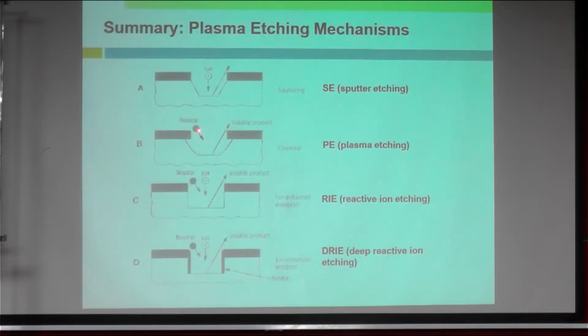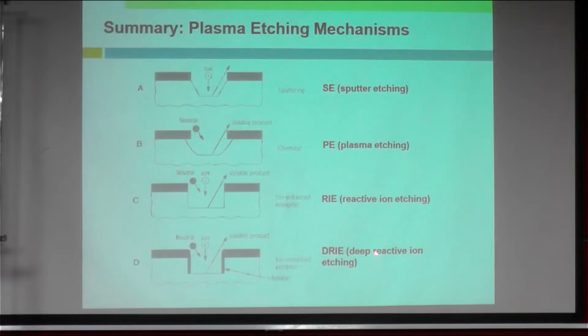The directionality of the ion might work, but the undercut can happen because of a chemical process. This is sputtering, this is chemical. So with reactive ion etching, with control of the process, you can have a kind of straight cut in this way. So that is very good.